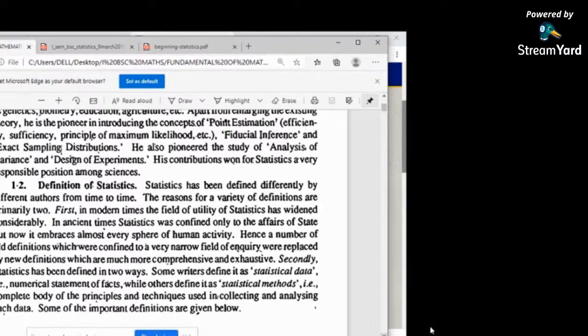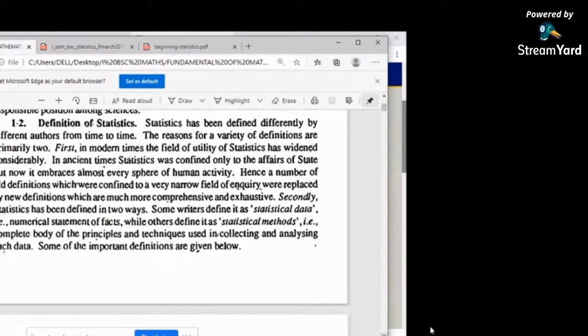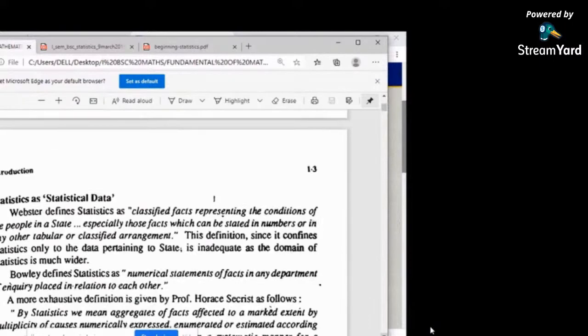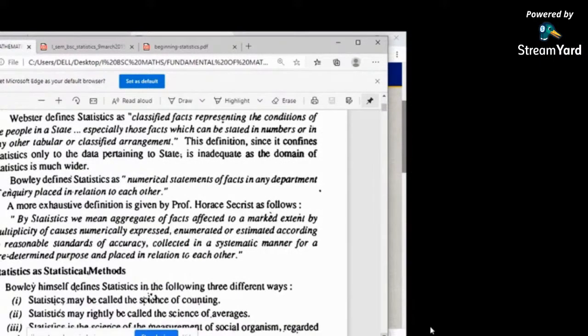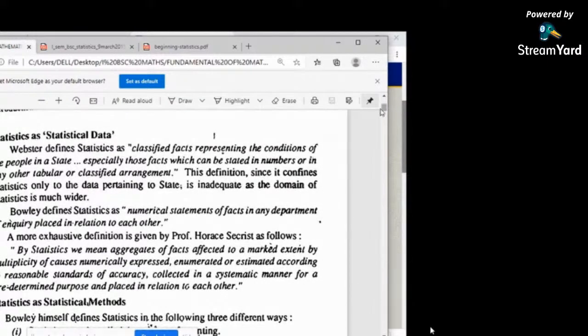It is something related to collection of data, analysis, and disseminating the results. During the development of statistics, many statisticians gave definitions. One of them is: statistics is classified facts representing the conditions of a state. So it is not clear.